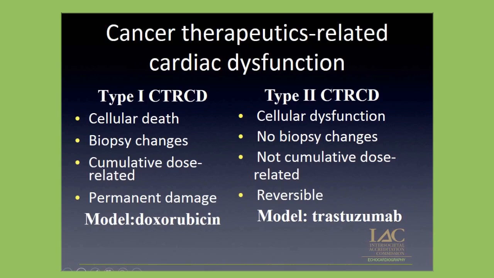In contrast to that, Mike Ewer, several years ago, created the definition of what he calls a type 2, which is a situation where you are not going to have cellular death, you're going to have cellular dysfunction, you are not going to see changes in the biopsies, and it's not necessarily related to the dose that the patient has received, and it is reversible in most of the cases.